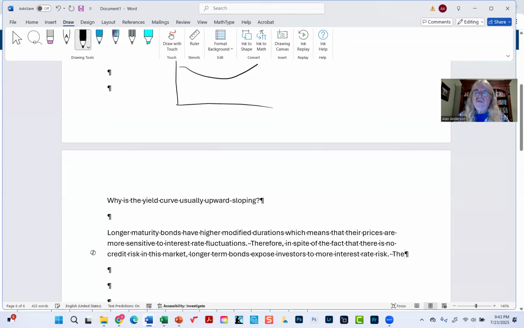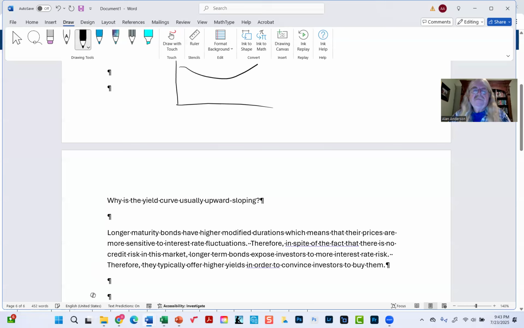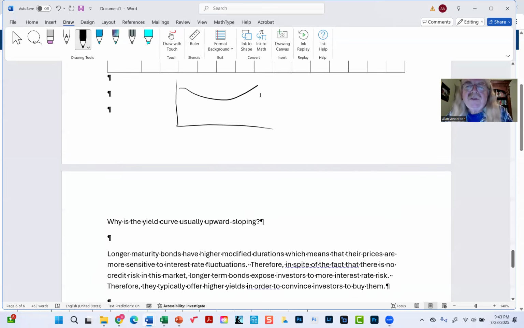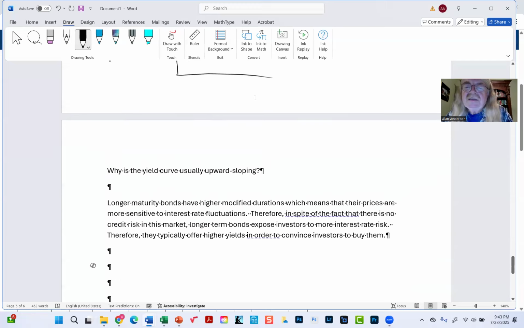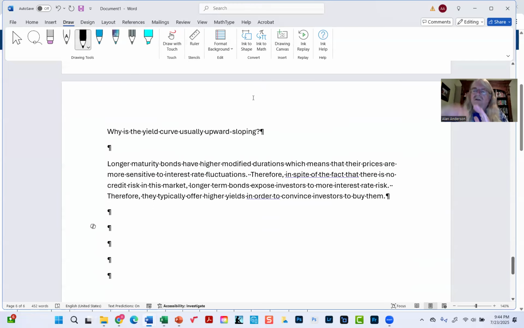And therefore, they typically offer higher yields in order to entice investors to buy them. They expect to be compensated for that extra risk in the form of a higher yield. Usually, unless there's something else going on, which is causing all kinds of strange shapes here. But usually this is why the curve is upward sloping.